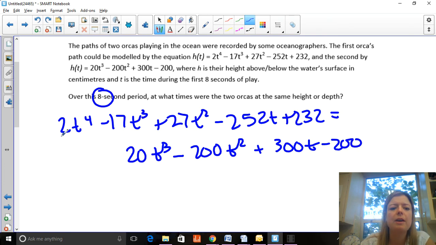Okay, so now you have this quartic equaling this cubic, and we want to solve for t. So we let the heights equal each other, and we want to find the t values that are true when these two heights equal each other.